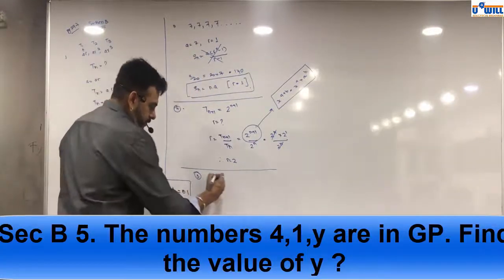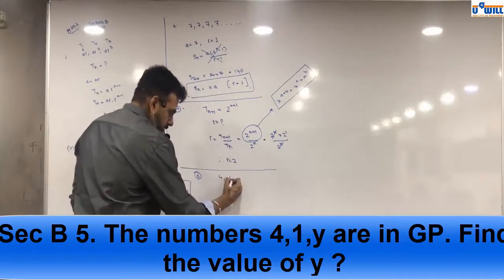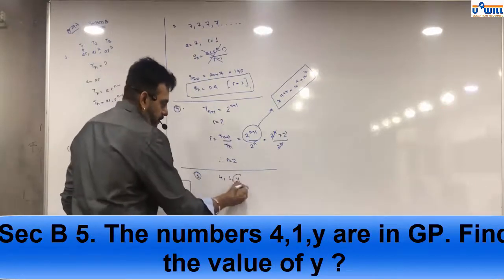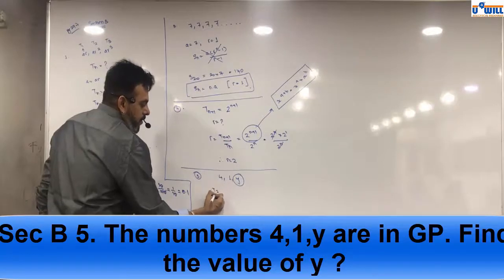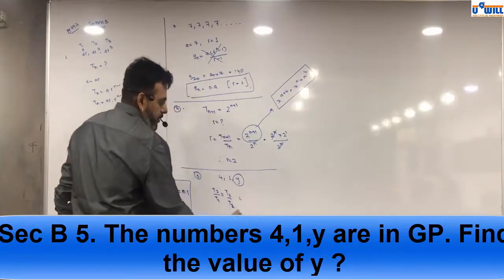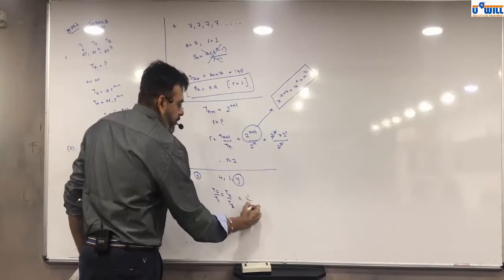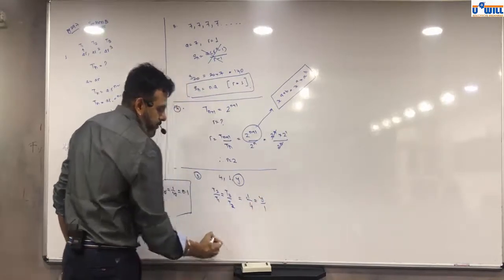The numbers 4, 1, y are in GP. Find the value of y. Very simple. T2 upon T1 is equal to T3 upon T2. T2 is what? 1 upon 4 is equal to T3, which is y upon 1.